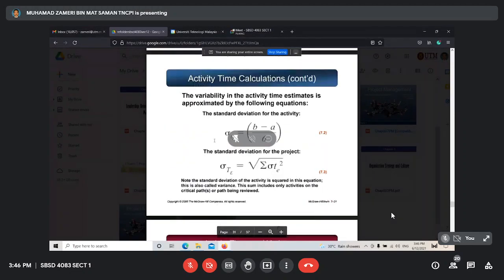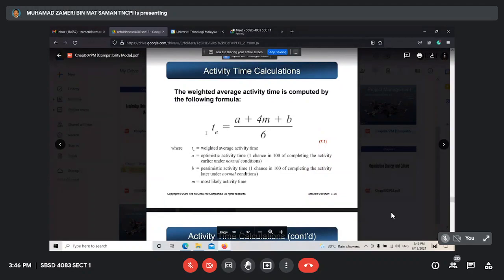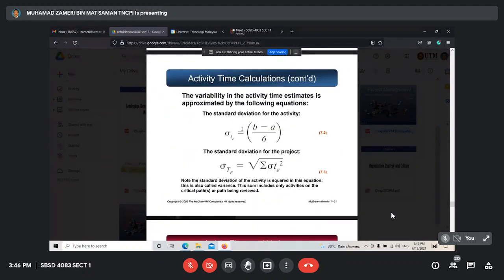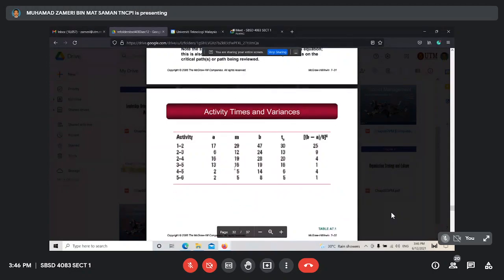And then the standard deviation for the project is the square root of the summation of the standard deviation of each activity squared. So you need to remember these 3 formulas: the formula for TE, the formula for standard deviation of an activity, and the formula for standard deviation of the project. Okay, I will give an example. Any questions before we go into this example?